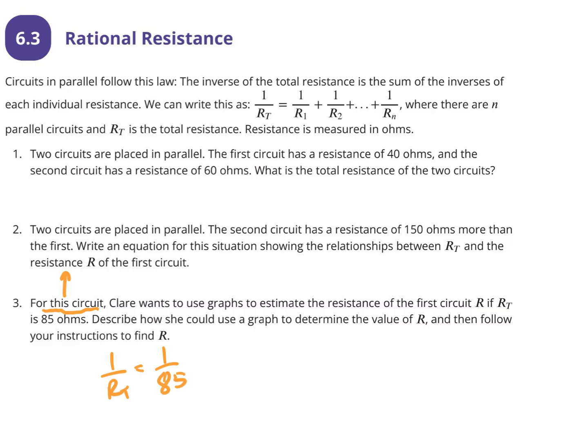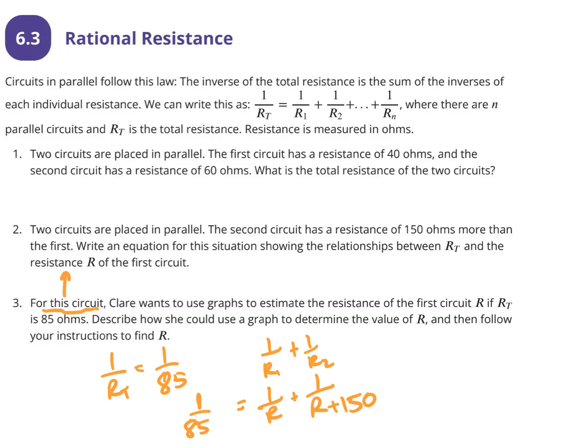And then the other side of it is 1 over R1 plus 1 over R2, which was 1 over R plus 1 over R plus 150, equals 1 over 85 for the total resistance.